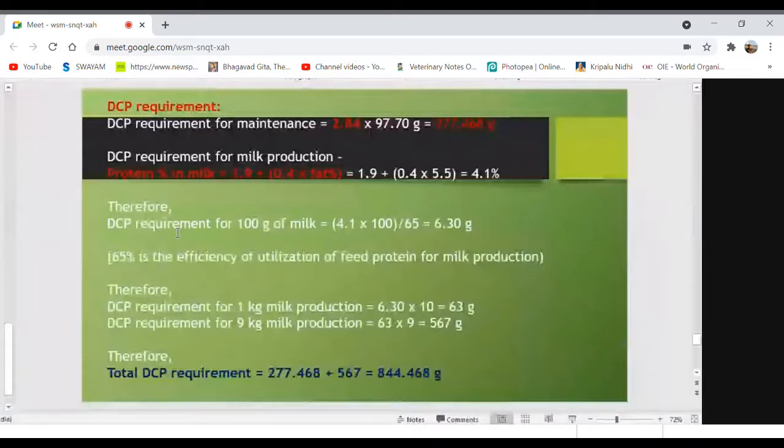You see, on the basis of fat percentage in milk, we can calculate the protein in milk.